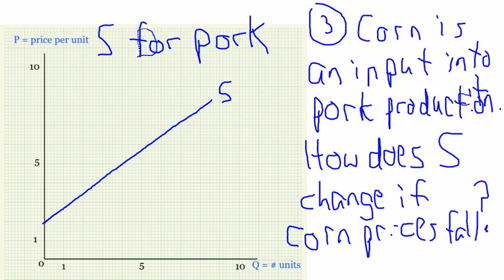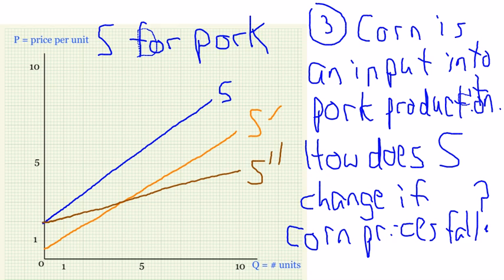Well, the answer is that anything that shifts the supply curve to the right will be the proper shift. So it could be something like this, a parallel shift to the right or close to parallel. It could be something like this where the intercept stays the same, but the supply curve is less steep.